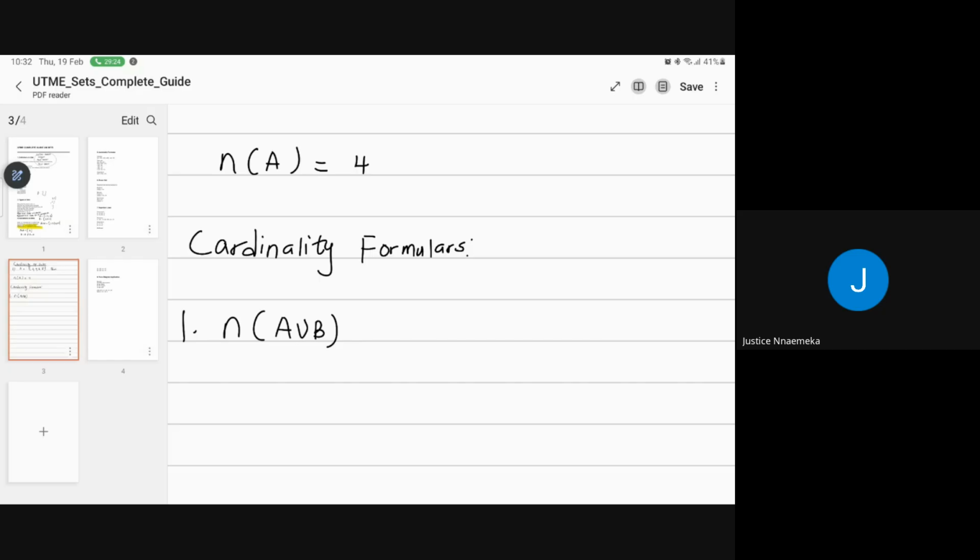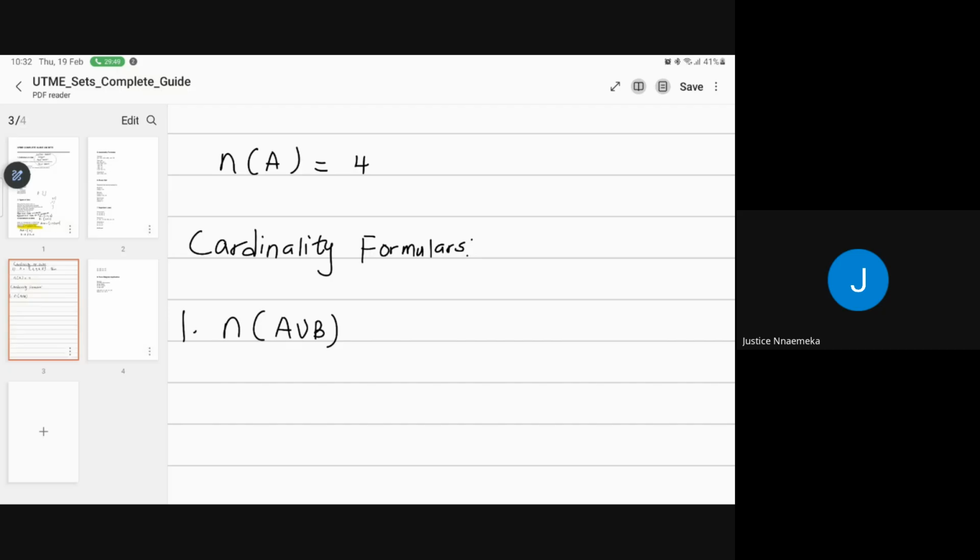The cardinality has to do with the number of elements in a set. Now for your cardinality, you have n(A union B). What does it imply? It is the number of elements that we have in the union of the sets.